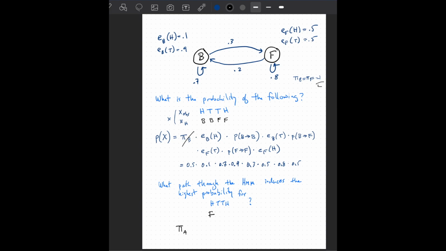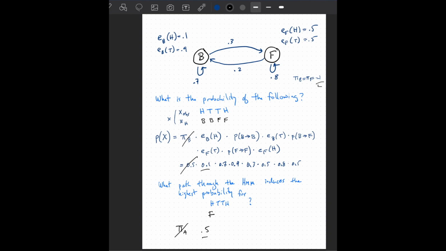These are equal, so we'll get rid of that anyway. Now this is 0.5, and 0.5 is better than 0.1. And now at tails, if I stayed in the fair coin, it would be 0.5. If I stay, it's now 0.5 times 0.8.